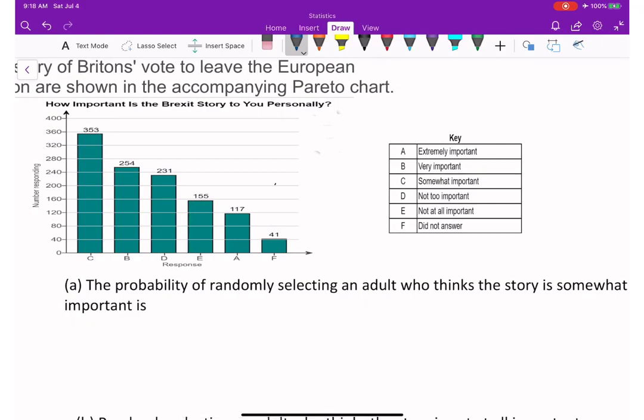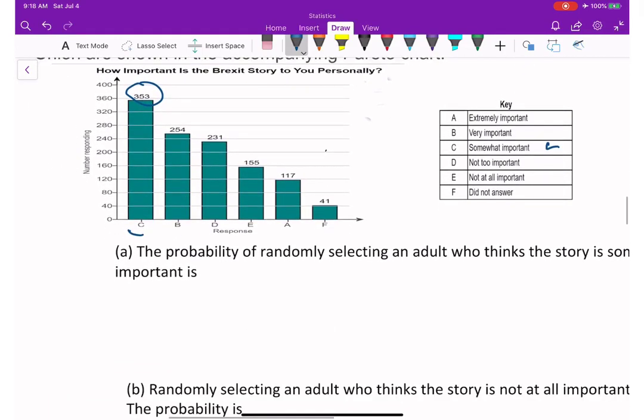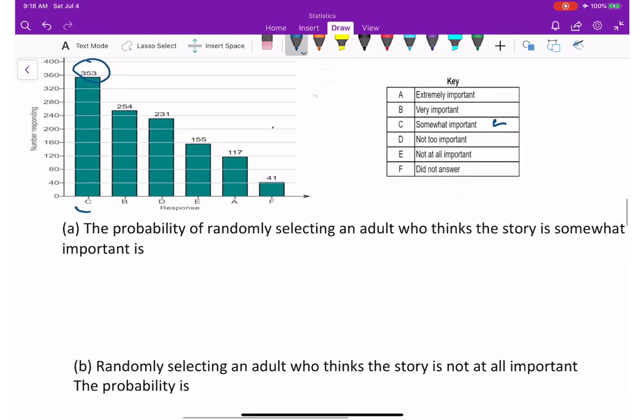Which one has somewhat important? That's C. If I go to C, it is going to be 353, right? Out of the total, how many? 1,000.